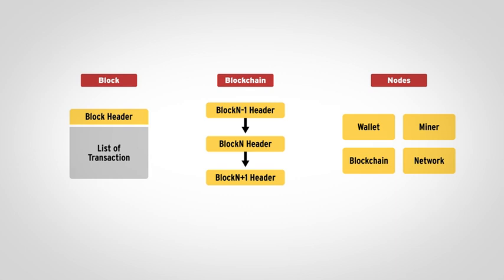So any Bitcoin node can have all these 4 components, or it can choose just to have the wallet, or it can choose just to have the blockchain, or it can choose just to have the mining. So this way, the Bitcoin nodes in the Bitcoin network can decide what functions they want to perform, and theoretically, they can perform all the 4 functions.